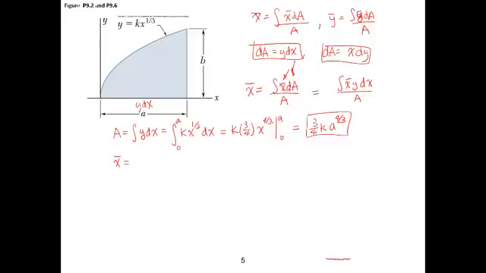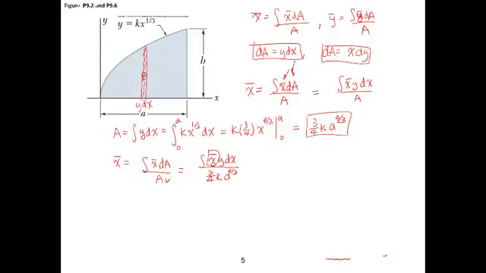Now, how do we find the x bar? I already found my A, so I'm interested in worrying about the top part. What is my dA to be? It's the same thing, it's going to be y dx. And my A is simply 3/4 k a to the 4/3. But what is this x bar dA? Here is my thin strip, y dx, right?